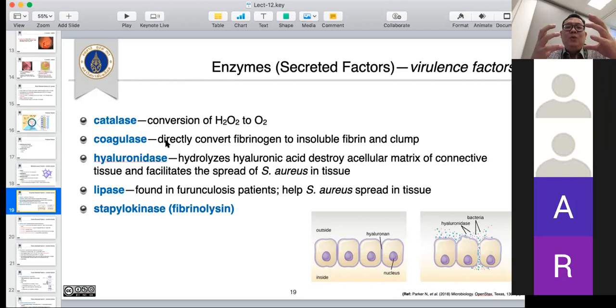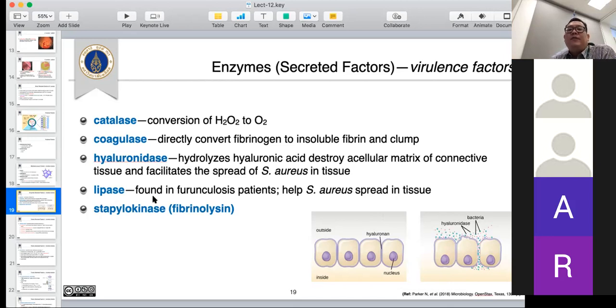Once they increase in number enough, they use another enzyme called hyaluronidase. Your skin cells are attached by hyaluronic acid, so hyaluronidase digests hyaluronic acid and lets bacteria pass through the tissue, going deeper into your skin.